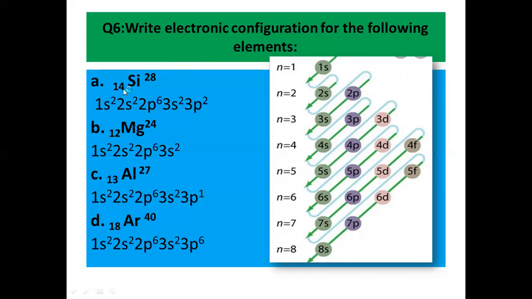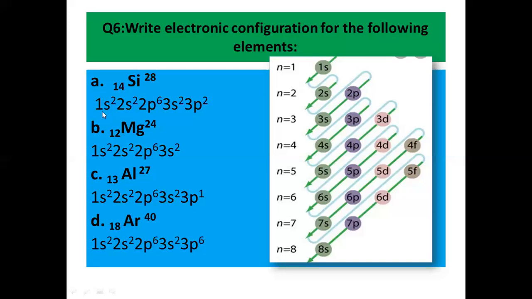Atomic numbers are the number of protons, and I told you before that the number of protons and number of electrons are always same. 14 electrons you have to distribute in these subshells, starting from the first shell by following the Aufbau principle. Electron will first fill the 1s subshell, after 1s 2s, then 2p, then 3s, and after 3s 3p.